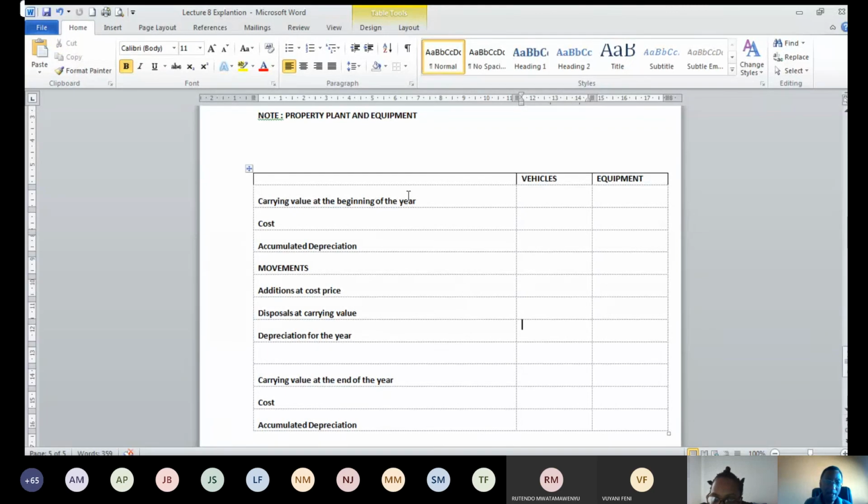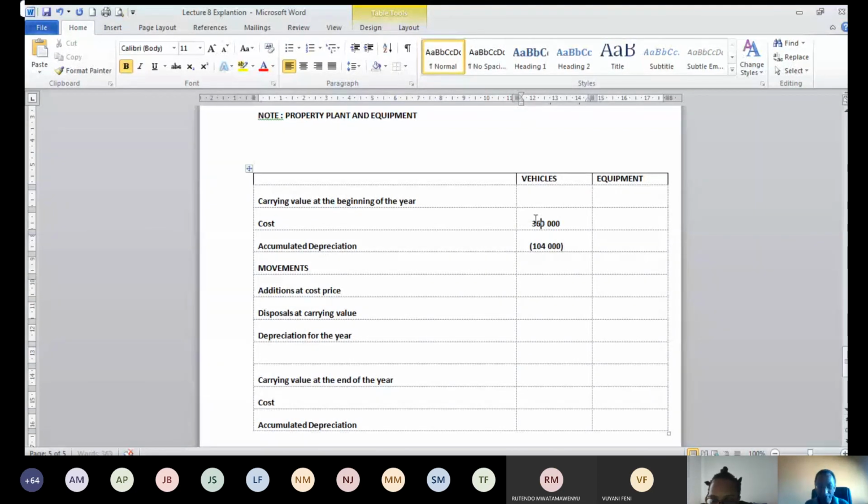Now, at the beginning of the year, we want to know the carrying value. Remember, carrying value is cost minus accumulated depreciation. So I'm going to fill this in immediately. At the beginning of the year, my cost was 360,000 rand. That was the cost price of all my assets. Accumulated depreciation at the beginning of the year was 104,000 rand.